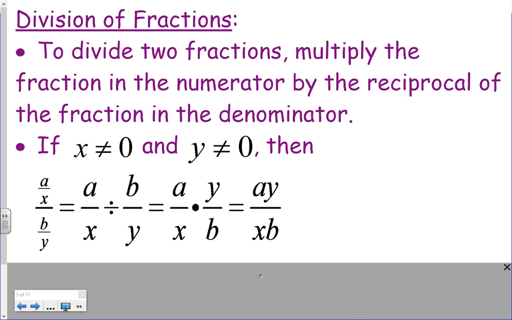If you have a over x divided by b over y, you can rewrite that as a product if you reciprocate the denominator. So that's the same as a over x times y over b. And now that you have it written as a product, we just talked about how you multiply fractions. So just multiply the numerators, a times y, and divide that by the product of the denominators, x times b. And there's our result.